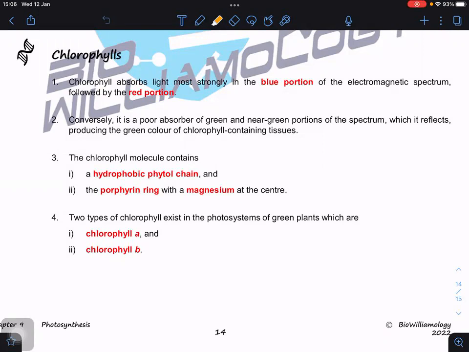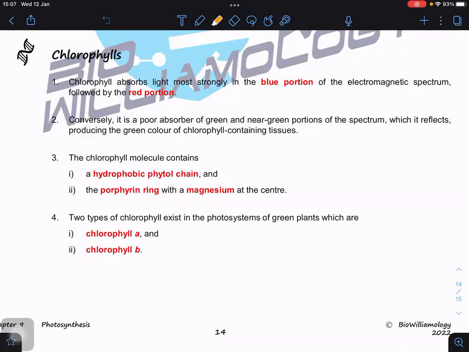Conversely, it's a poor absorber of the green and near green portion of the spectrum, somewhere near the 500 to 600 regions. We have seen the absorption spectrum on Monday, where there is very minimum absorption at the green region.